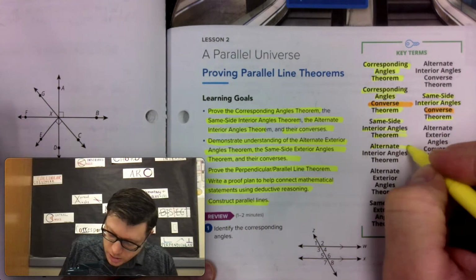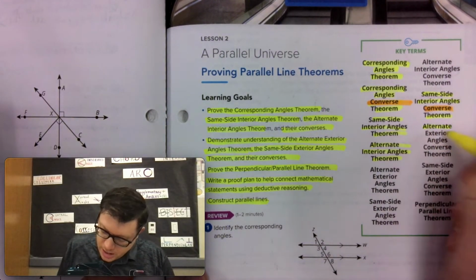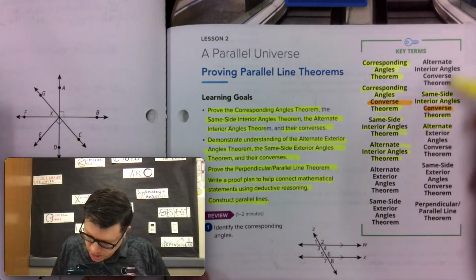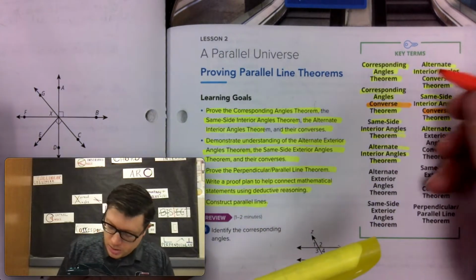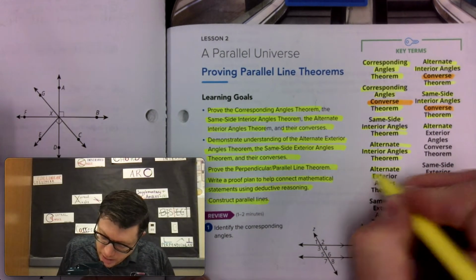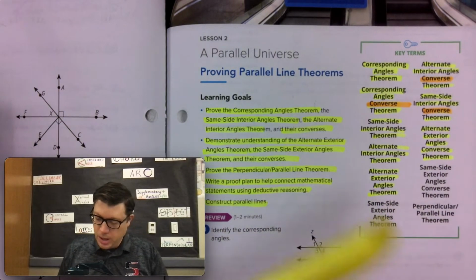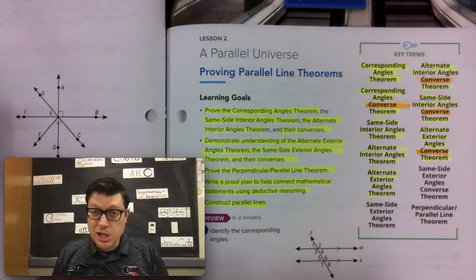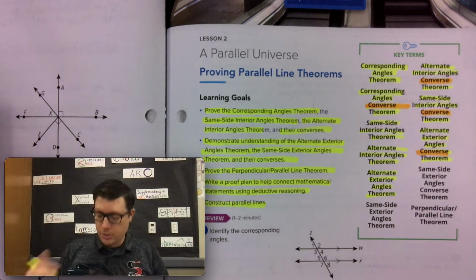Every time I see the word converse, I'm going to look for that one and highlight it differently. Alternate interior angles converse theorem, so highlight that right there too. Alternate exterior angles theorem and alternate exterior angles converse theorem, which I guess is making the list of things we need to know half the size, because converse just means flip it around.